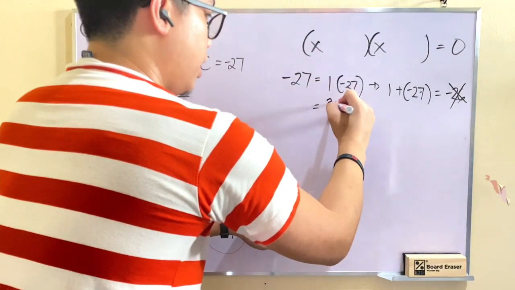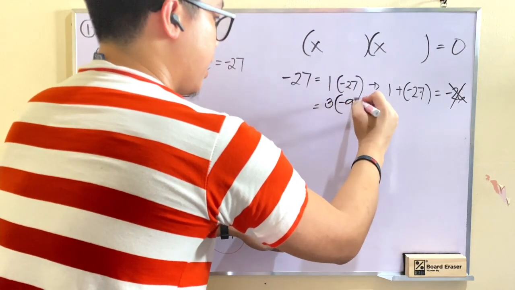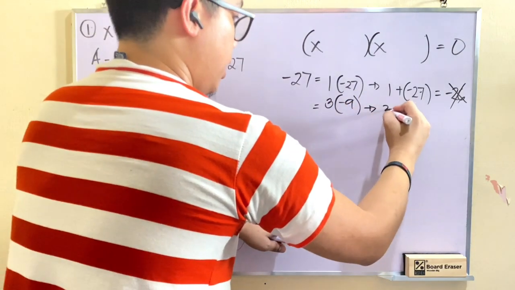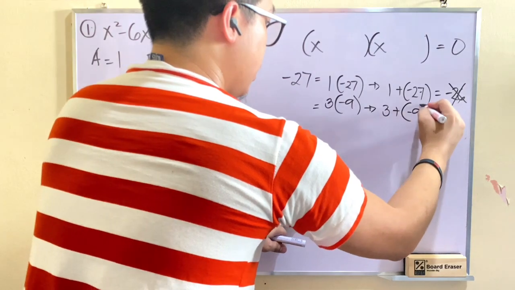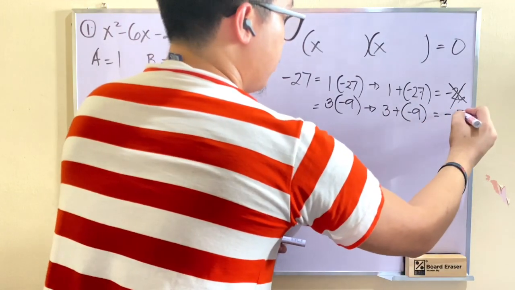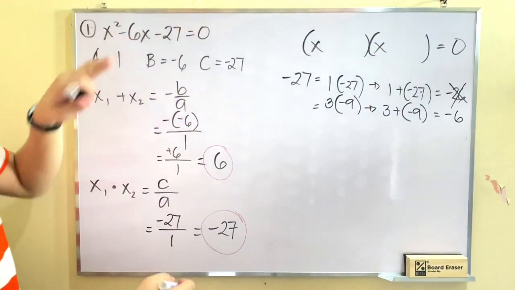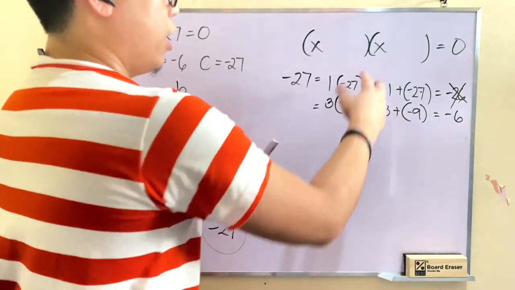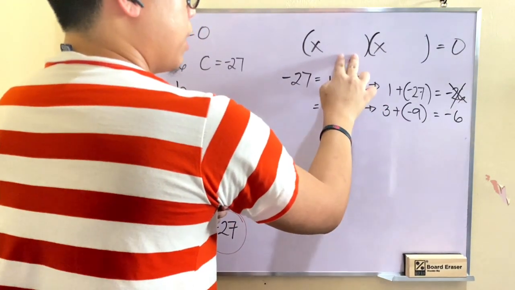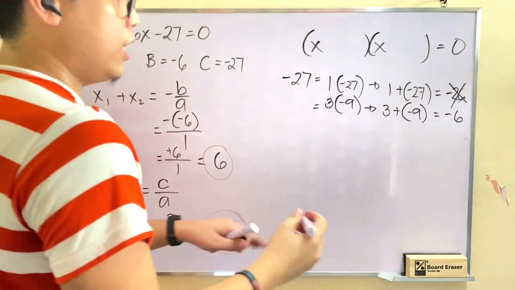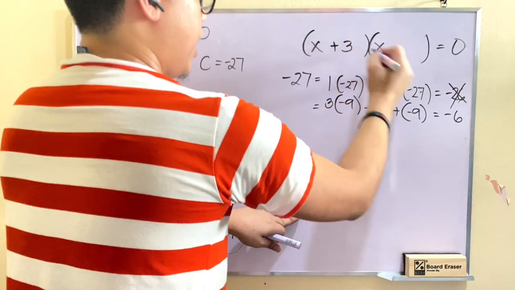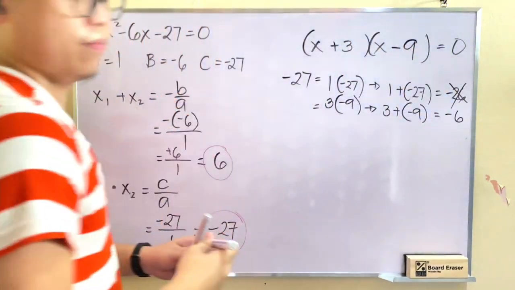Pwedeng 3 times negative 9. So, 3 plus negative 9 is equal to negative 6. Which is, yun yung hinahanap natin. Therefore, ang isusulat natin dito para makumpleto ang equation is positive 3 and negative 9.